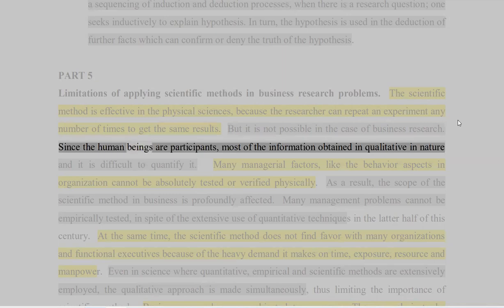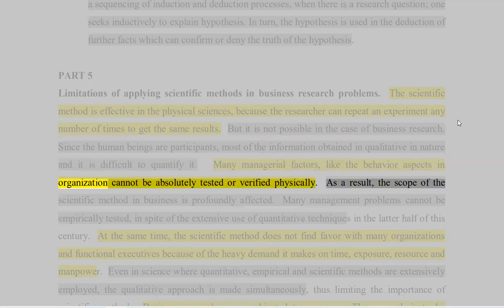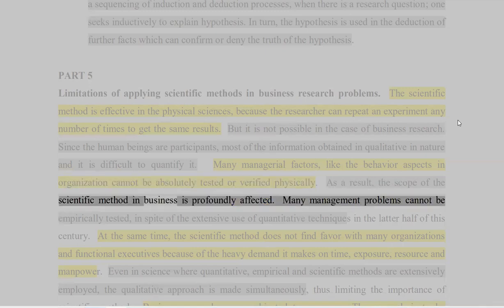Since human beings are participants, most of the information obtained is qualitative in nature and it is difficult to quantify it. Many managerial factors, like the behavioral aspects in organizations, cannot be absolutely tested or verified physically. As a result, the scope of the scientific method in business is profoundly affected.